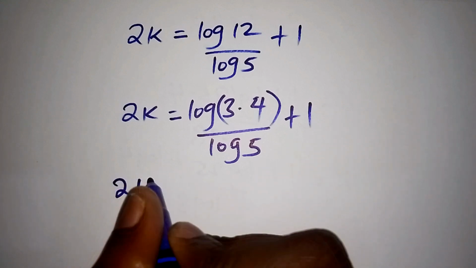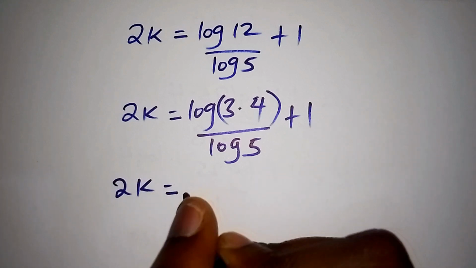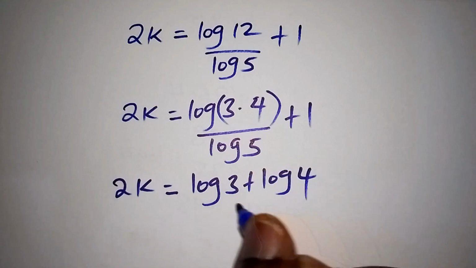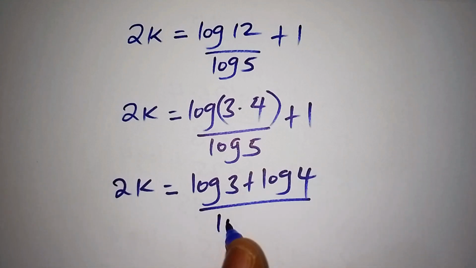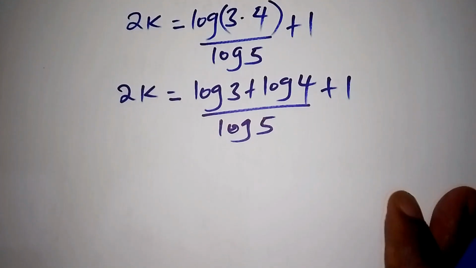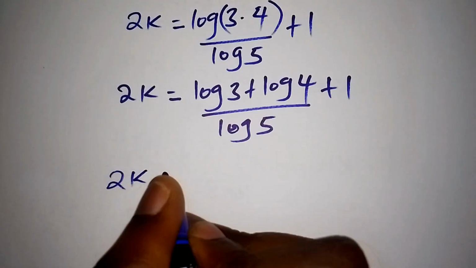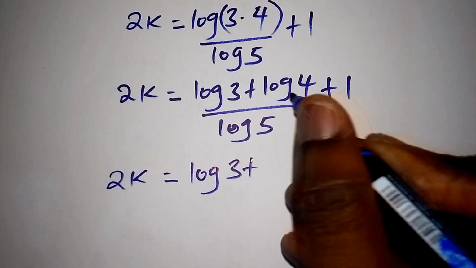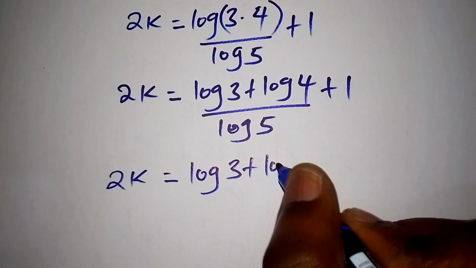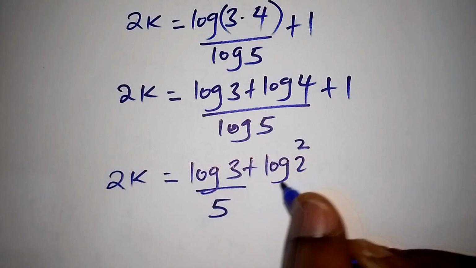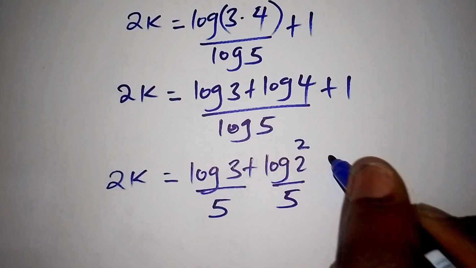So 2k is equal to the log of 3 plus the log of 4, all over the log of 5, plus 1. Next, log 4 can also be written as the log of 2 to the power of 2, and we divide each of them by the log of 5 separately, plus 1.